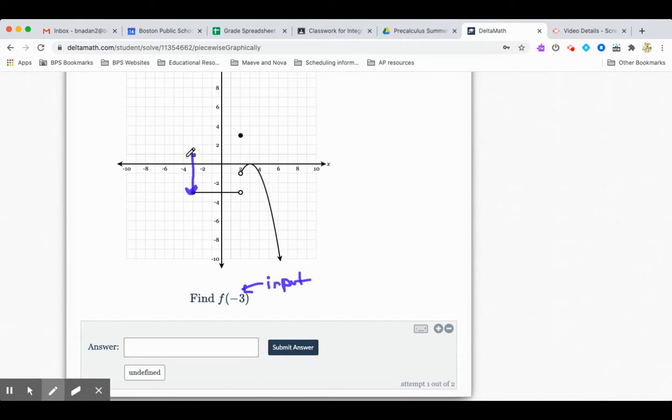But this is -3, and f of -3 would just be -3, the y value.